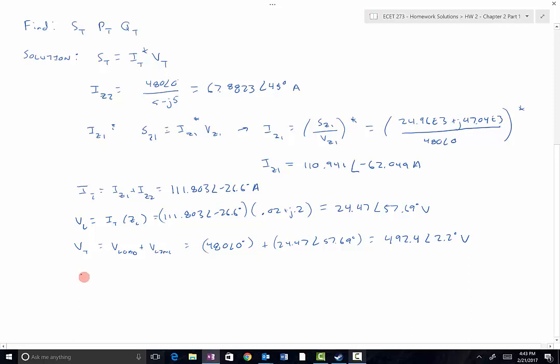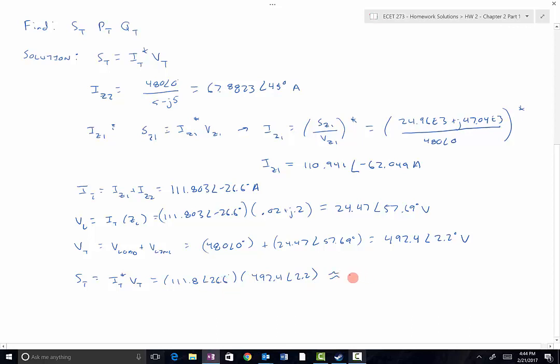The total apparent power can just be found from the total current IT times VT, using the complex conjugate of the current. We solved for IT right here, so that's 111.8 at an angle of 26.6 times 492.4 at an angle of 2.2. So we're taking care of the complex conjugate there.